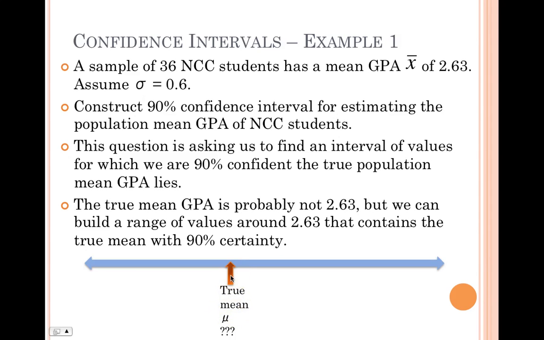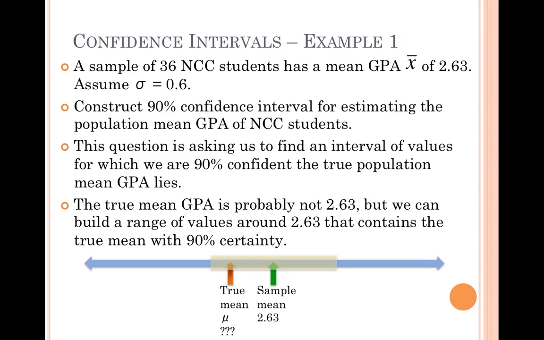We don't know what it is. Over here we have our sample mean GPA, which came out to be 2.63 because we have a sample of 36 students. We found all their GPAs, divided by 36, and we got an average of 2.63.